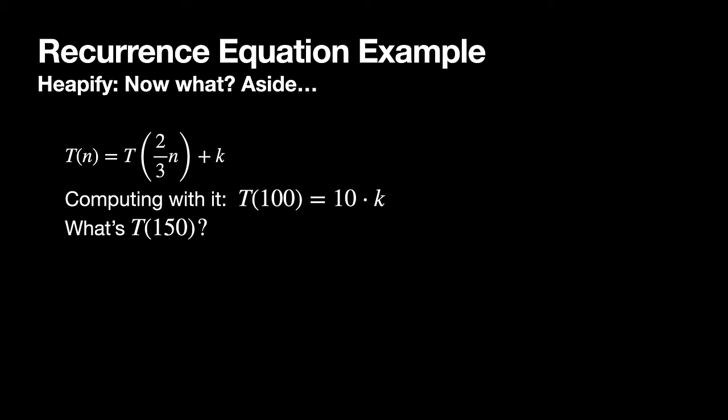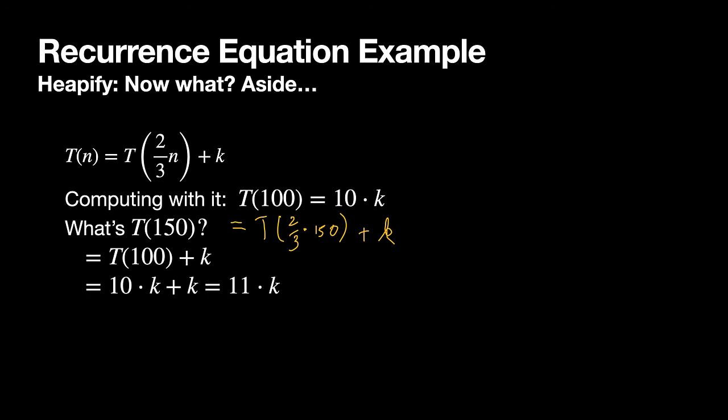Well, to solve a problem of size 150, we could fill this into our recurrence equation, and we'd have to solve a problem of size 2/3 of 150 plus our k units of time. Of course, 2/3 of 150 is 100, and we've already solved that. So we could take the work that we've already done, the fact that t of 100 is 10k, and add another k onto it and get 11k.